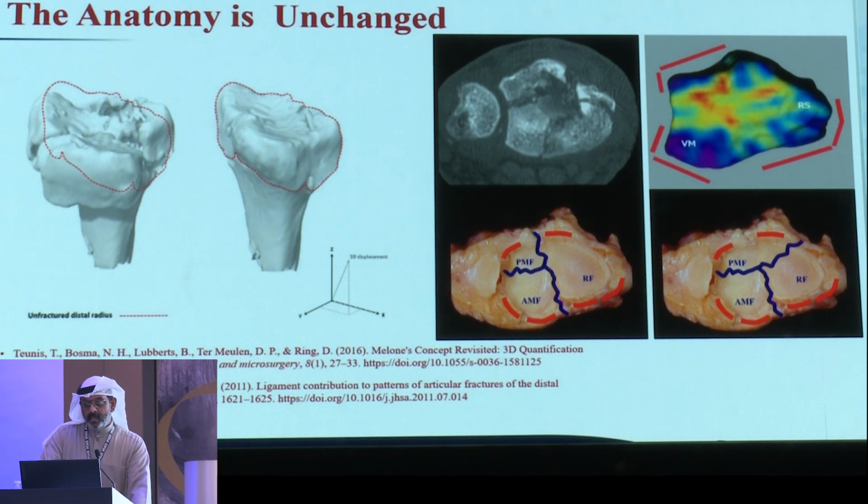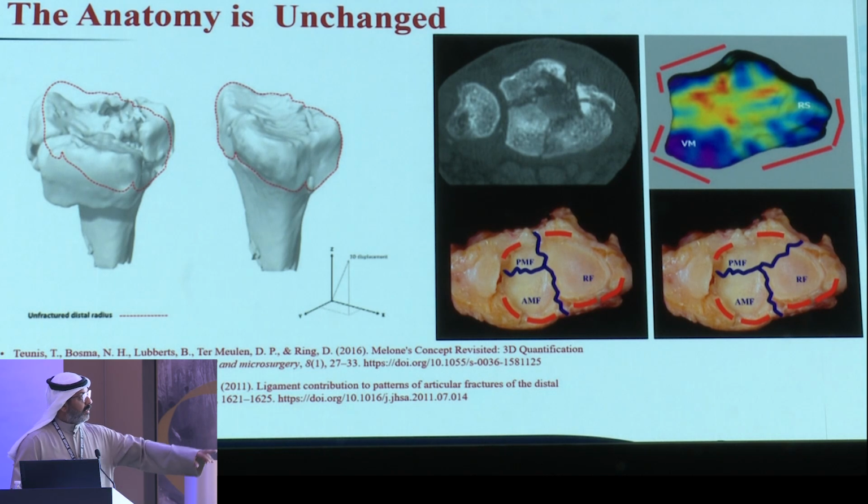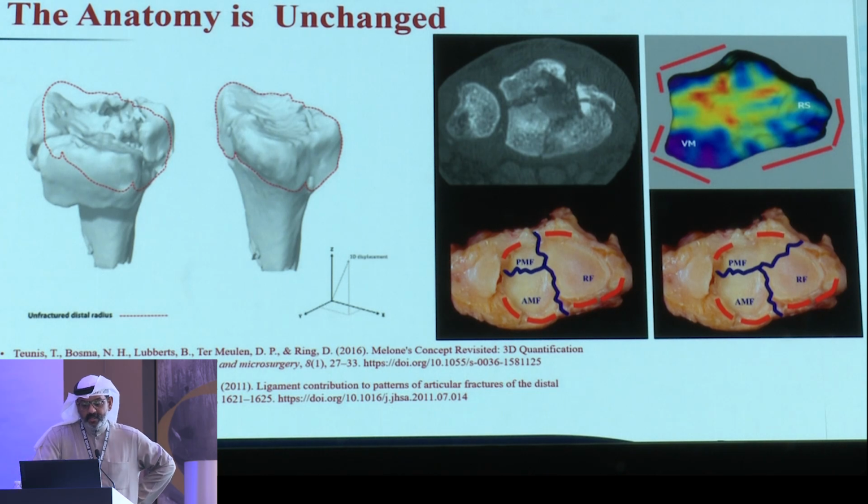Then Mandiak came back, and he wanted to study the fracture lines, where the fracture exits. If you see here in the bottom two cadaver pictures, you have the radial fragment. The radial fragment is the most displaced in the distal radius fracture.